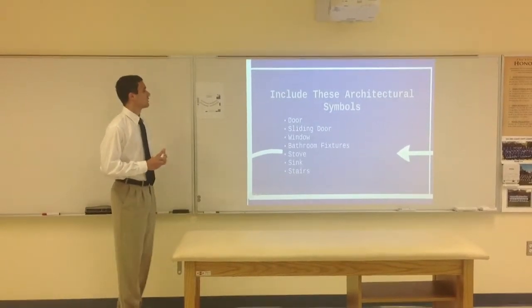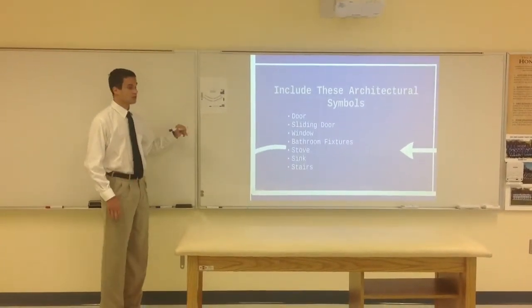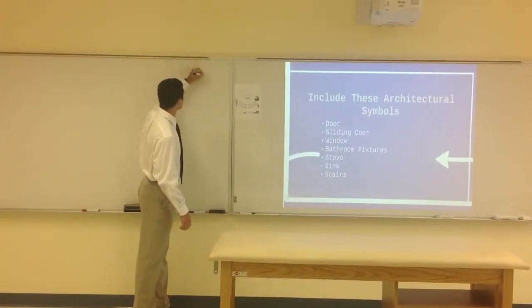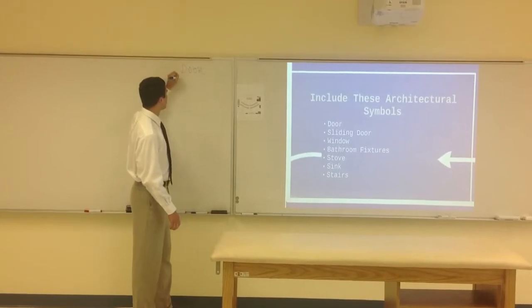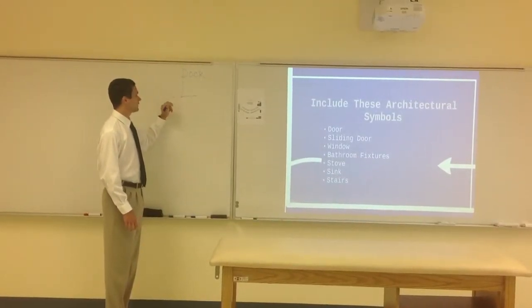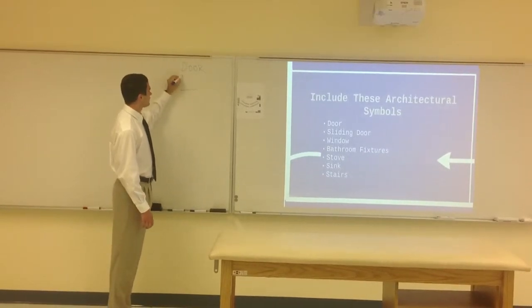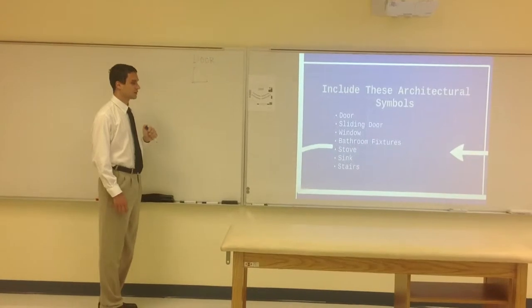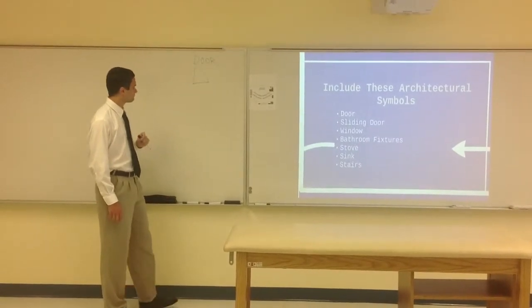So, for the door, when you draw your door, the door should look like this. You'll have a right angle, 90 degrees, and you're going to have an arc between the tips of the 90-degree angle.